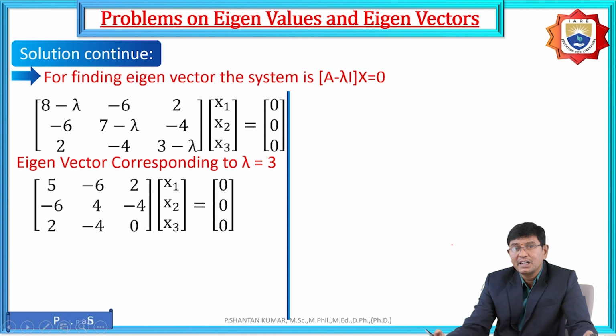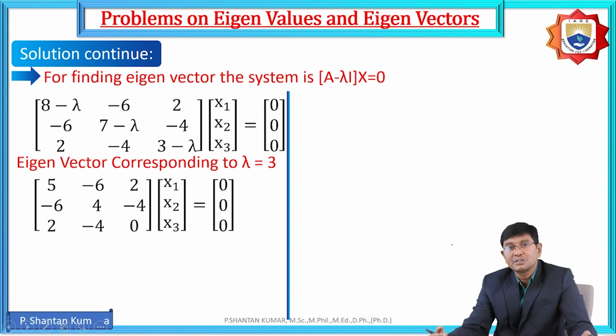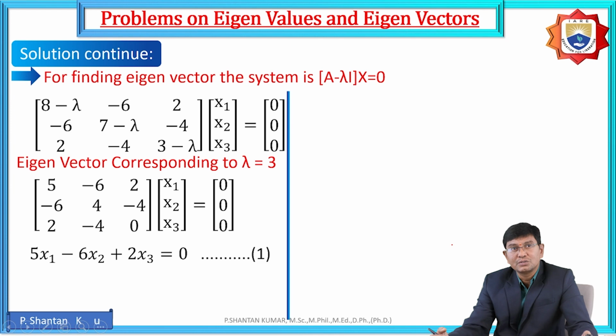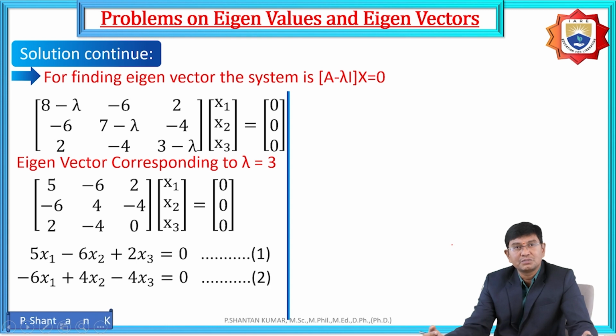Now, as in the previous case, if we write it in equation format, the first is 5x1 minus 6x2 plus 2x3 equal to 0. The second equation is minus 6x1 plus 4x2 minus 4x3 equal to 0. Similarly, the third equation is 2x1 minus 4x2 plus 0x3 equal to 0.